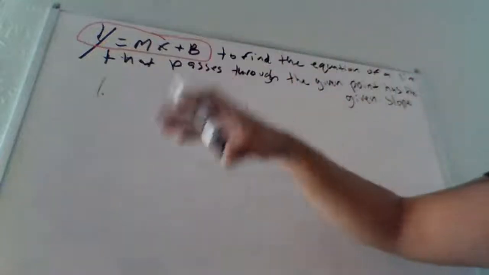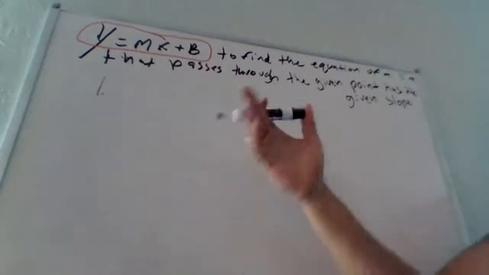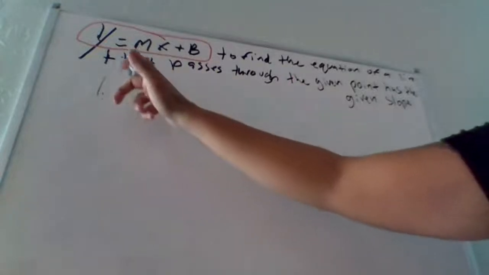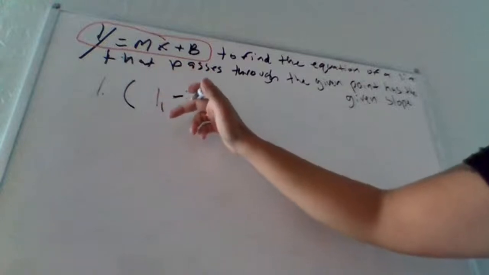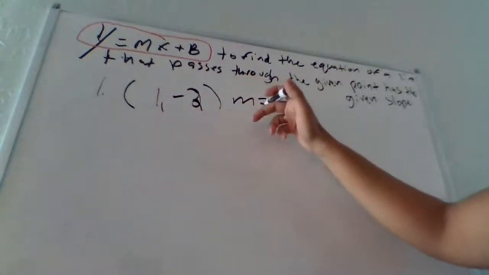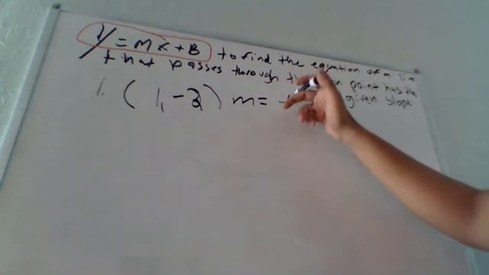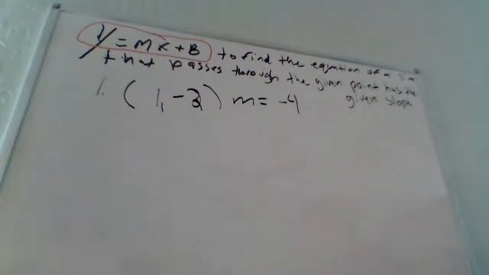So let's try number 1. And once we start clicking, we don't necessarily have to work through all of them because it's pretty much the same thing. So our ordered pair is going to be 1 and -2, and our slope is -4. I want you to take this information and put it in slope-intercept form.